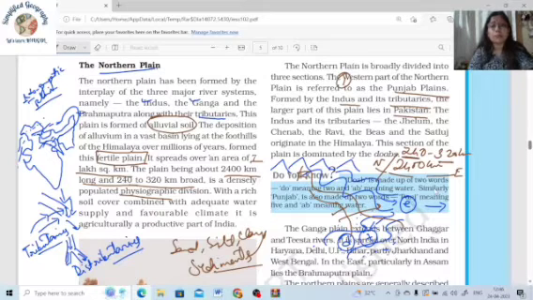Jhelum, Chenab, Ravi, Beas and Satluj originate from the Himalaya. This section of the plain is dominated by Doab. This is the term I mentioned. Okay, now let us find out the meaning of Doab.